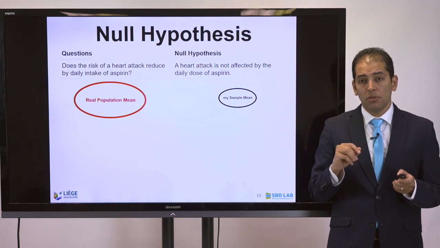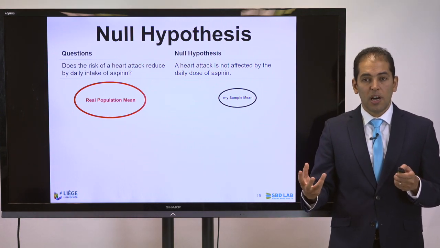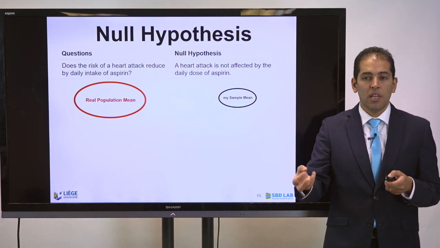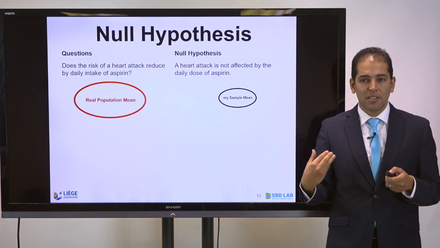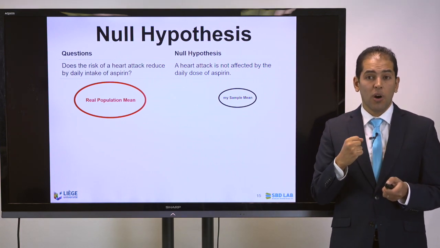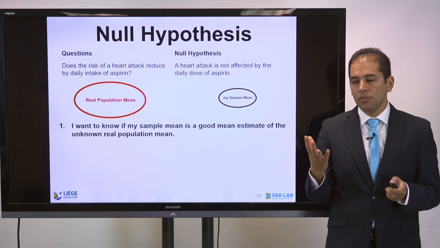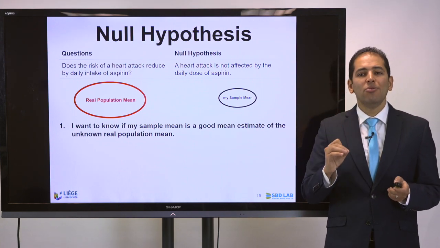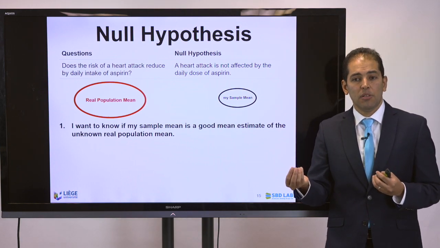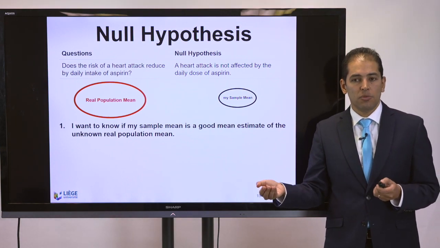Next step, what should I do? I start to collect the data about this population, this sample, or these subjects, and through their answers, observations and measurements, I will start to test the two hypotheses. Actually, I want to know if my sample mean is a good estimate of the unknown real population mean.